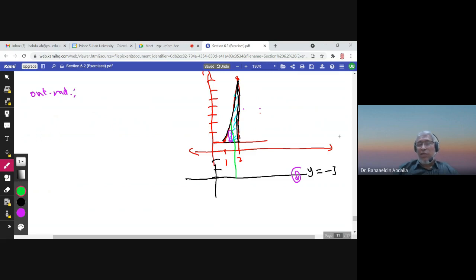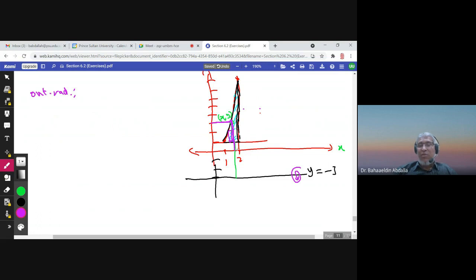Well, this is the x-axis. This point has coordinates x, y. So the y is this distance. This is the y of this point, and this is the x of this point. Okay? You go to the x-axis here, you go to the y-axis.